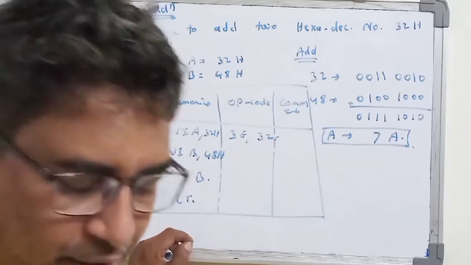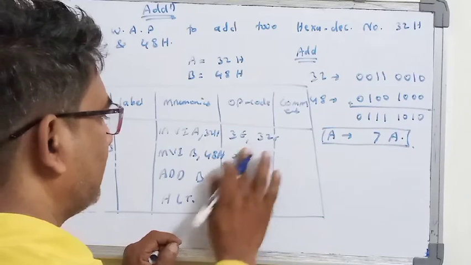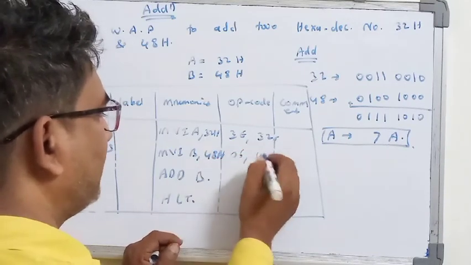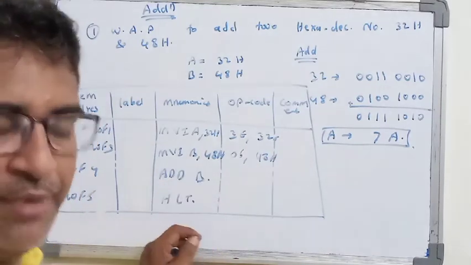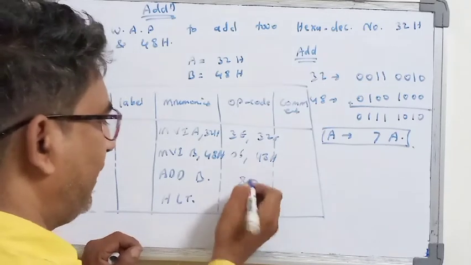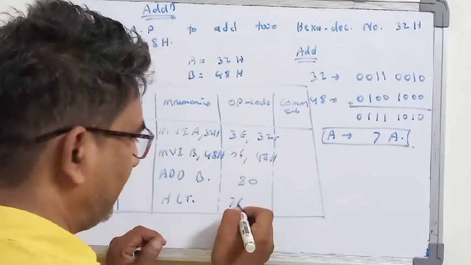Then MVI B, the other instruction. The opcode for that is 06, and the 48 number is assigned by you. Then ADD B. ADD B is nothing but it has the opcode 80, and the halt in the book is written as 76.